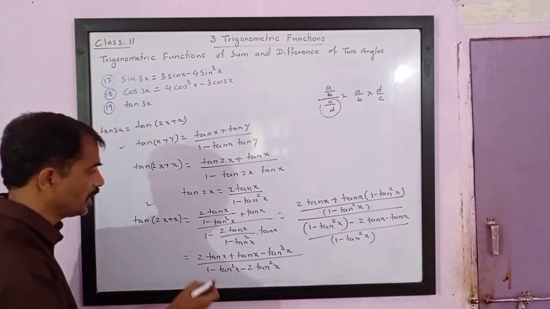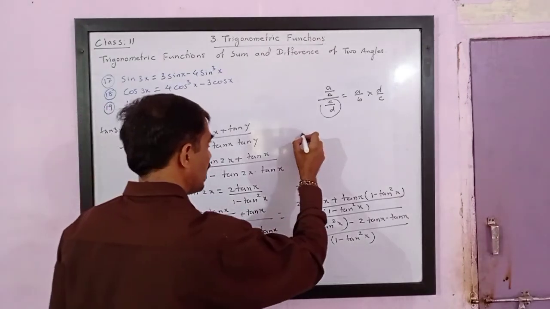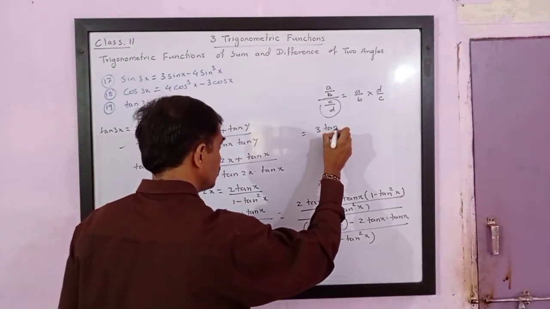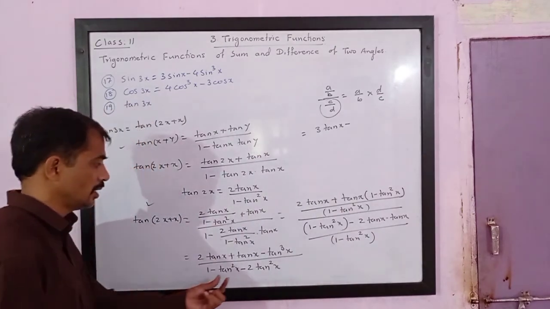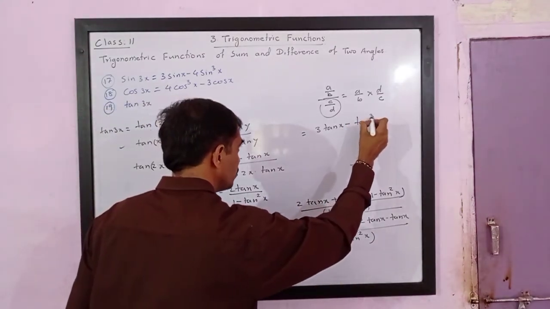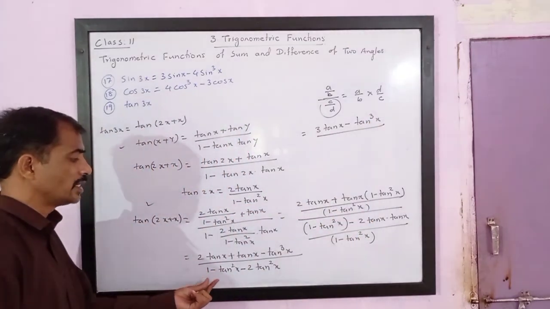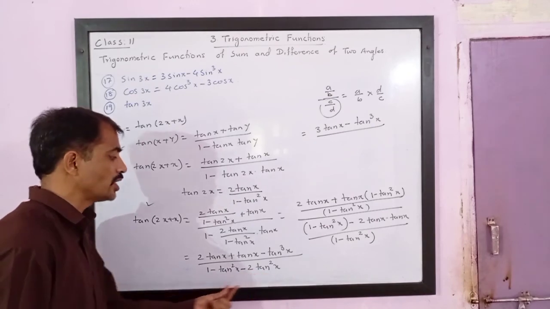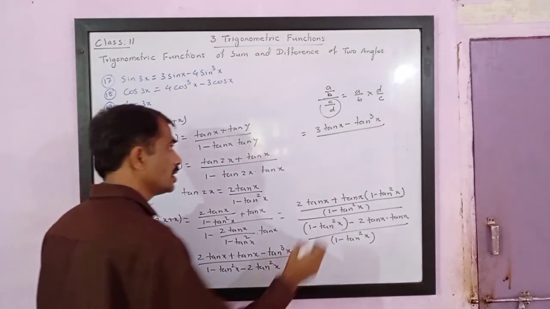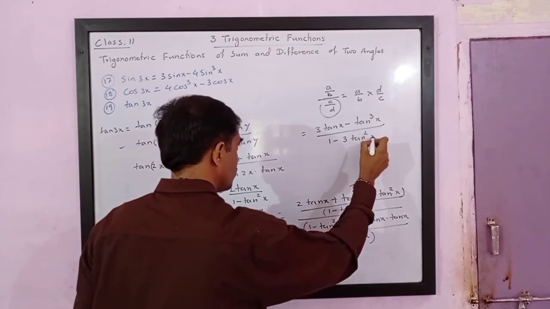Now see, this becomes 2 tan x plus 1 tan x, that is equal to 3 tan x minus tan cube x upon 1 minus tan square x minus 2 tan square x. So this becomes 1 minus 3 tan square x.